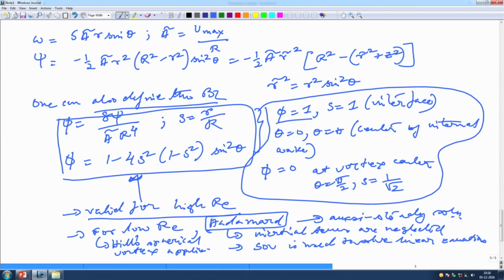So, that is the main framework of this, that we are going to solve by using the Hill spherical vortex solution, and that is normally valid for high Reynolds number in the inviscid limit. Got it? Okay.